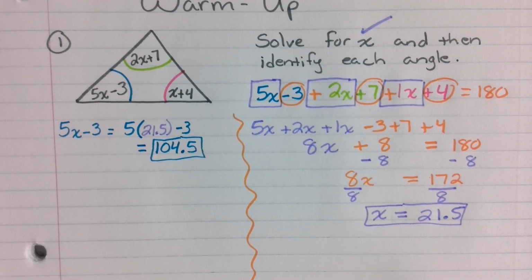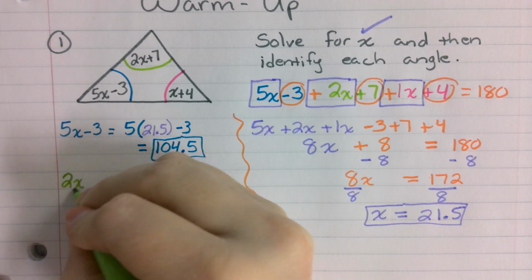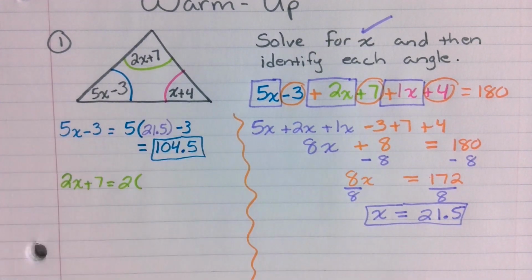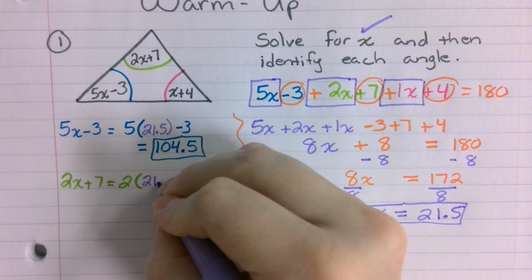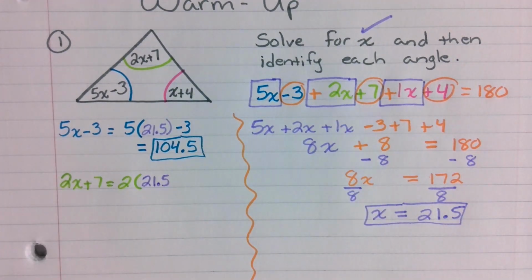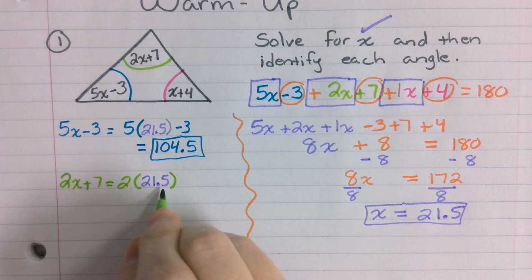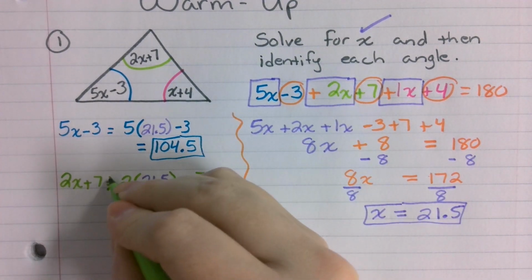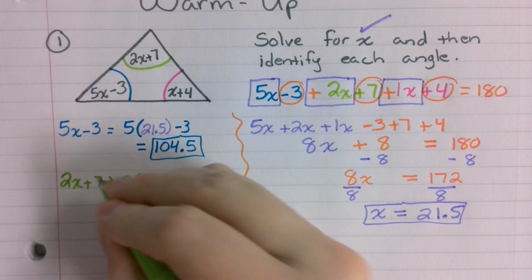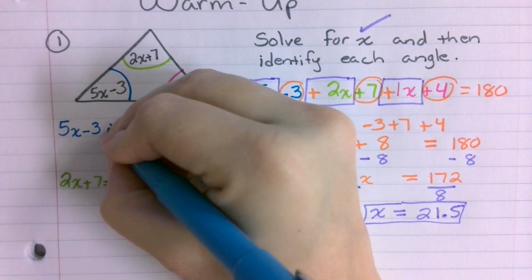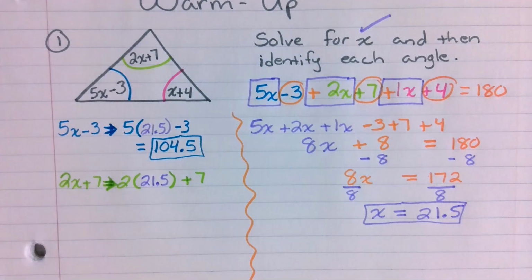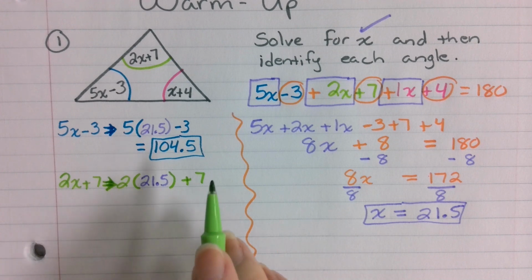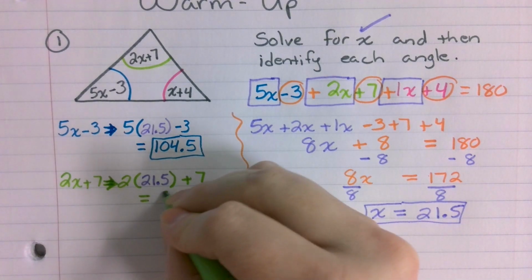Okay, my next angle, I've got 2x plus 7. Again, I'm going to replace the x with that 21.5. So I'm going to do 2 times 21.5 plus 7. Now make sure that this looks like double arrows instead of an equals. So 2 times 21.5 and then plus 7, that's going to come out to 50.